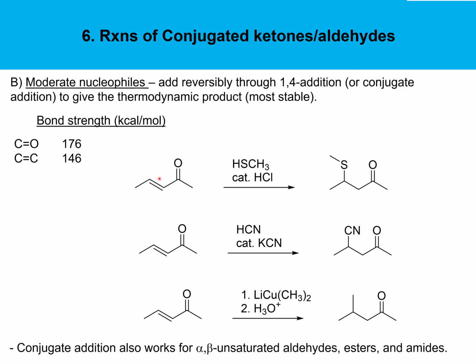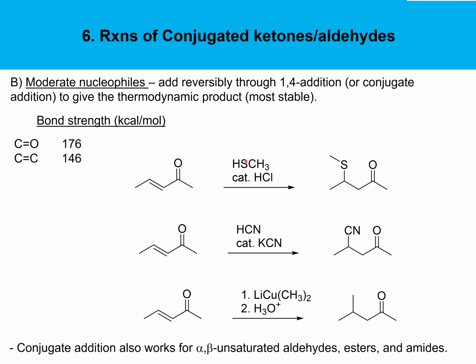So in this example, using a thiol, which would be considered a moderate nucleophile, at least in relationship to Grignards and hydrides, the sulfur will add to both the carbonyl carbon and to the beta carbon. And at the end of the reaction, the most stable product, what we call the thermodynamic product, will be the product that we get from the reaction.